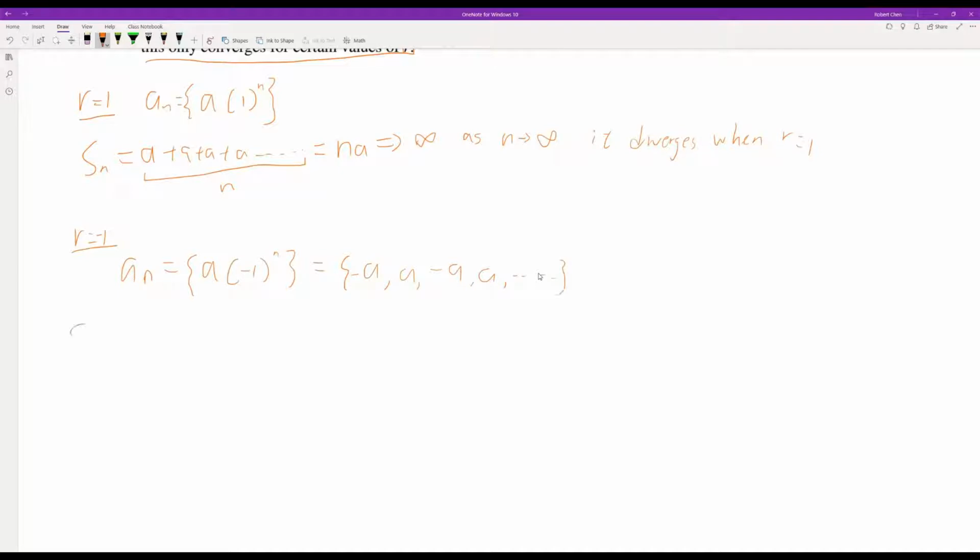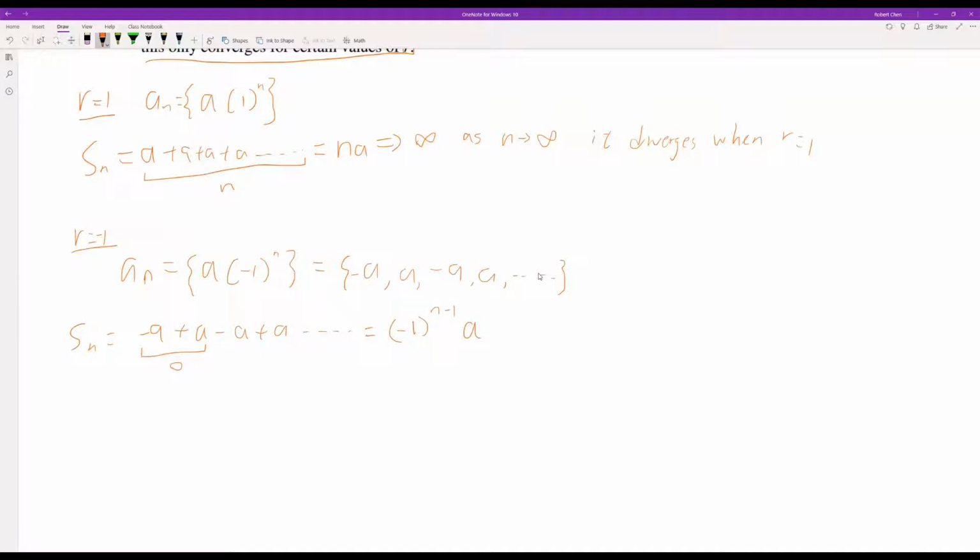And when we add up the first n of them, we get negative a plus a minus a plus a, and so on. But it's very hard to know how many we have, because each pair of negative a and a gives us 0. So it actually depends on how many a's we're adding, which means this is going to turn out to be -1 to the n minus 1 power of a.